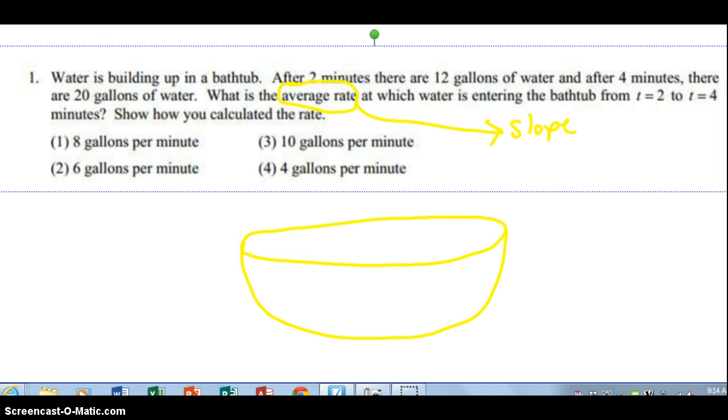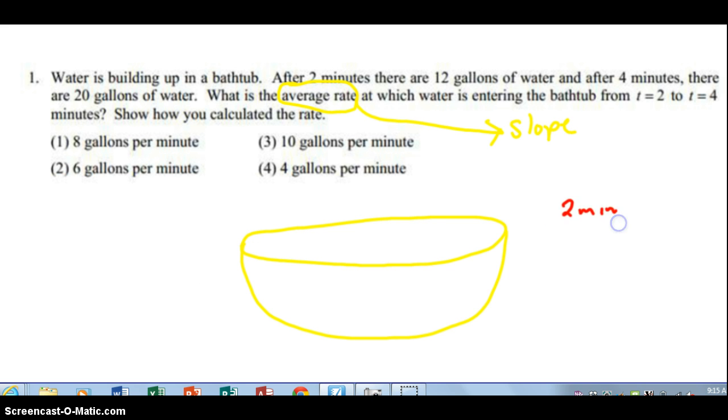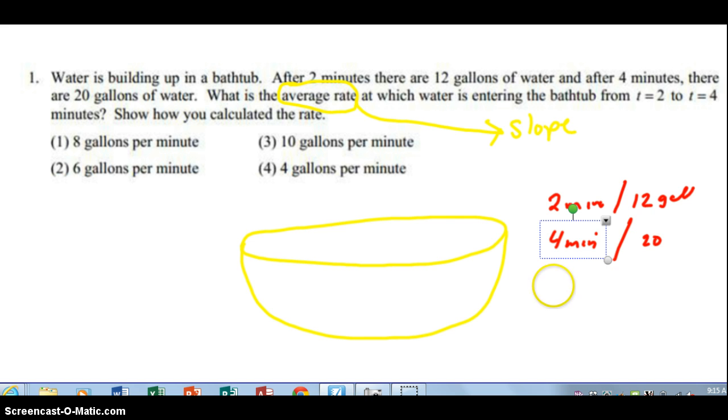Okay, and what it says here, after 2 minutes, how many gallons do I have? 12 gallons, right? And then it says after 4 minutes, how many gallons? 20. So, can I do that slope thing?